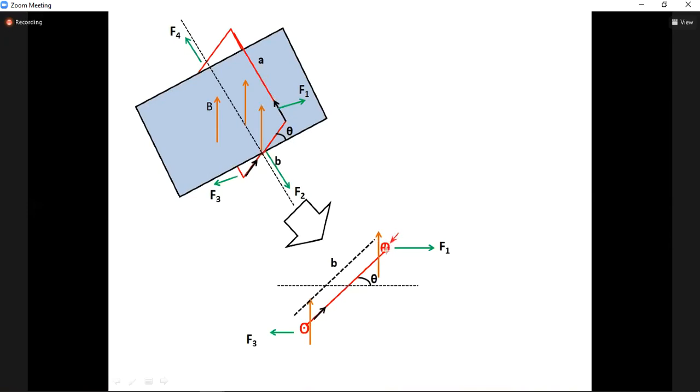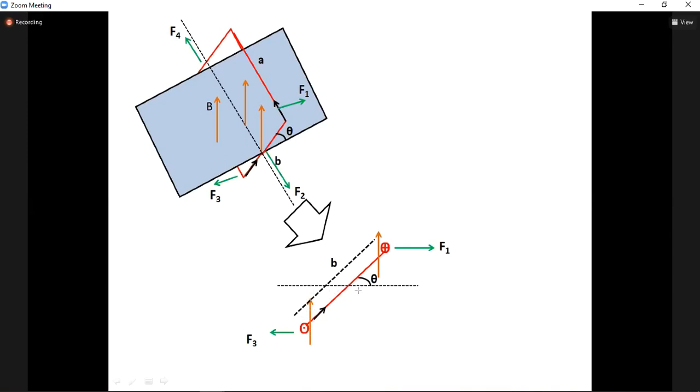So the arrow shows that current is going away from me and this dot shows that current is coming toward me. So is this figure clear to you, beta? Yes sir. Okay, and the magnetic field is obviously perpendicular here, coming out of the paper like this.